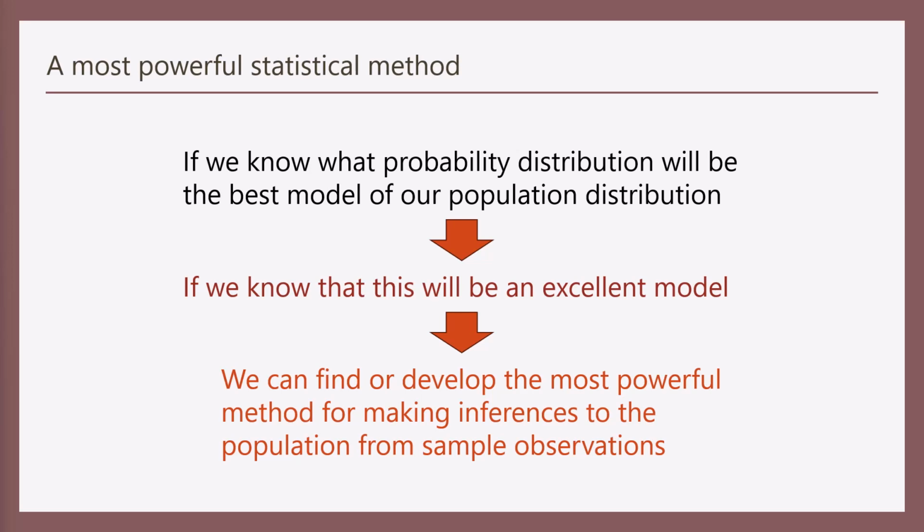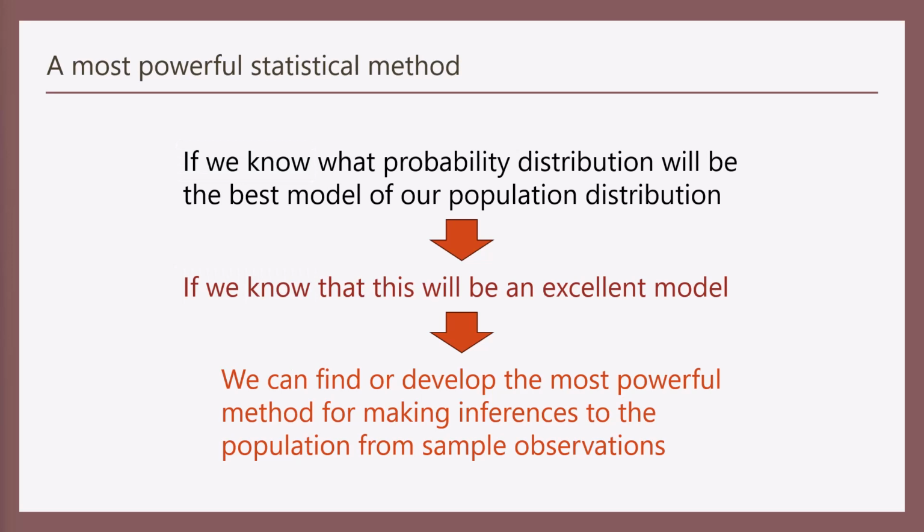And in fact, a specific parametric procedure is going to be the most powerful statistical method. But that gets a lot of people in trouble because they forget these ifs. If we know the probability distribution is the best model and which one is the best model, and if we know not only is it the best model, but it's a really, really good model, then parametric procedures will be the most powerful.